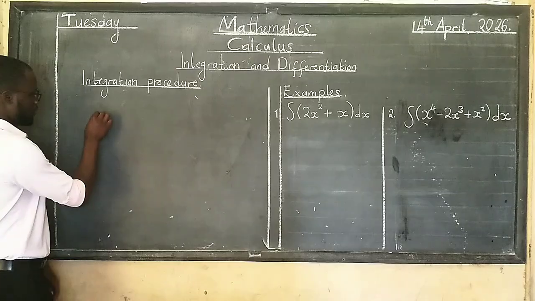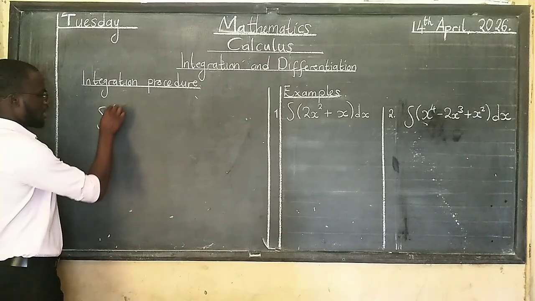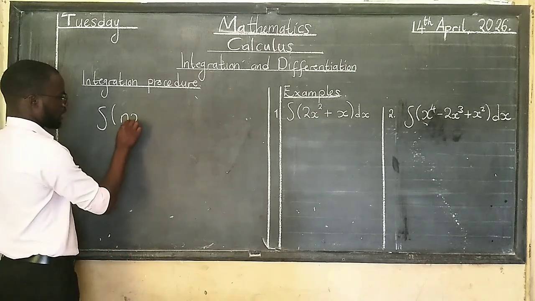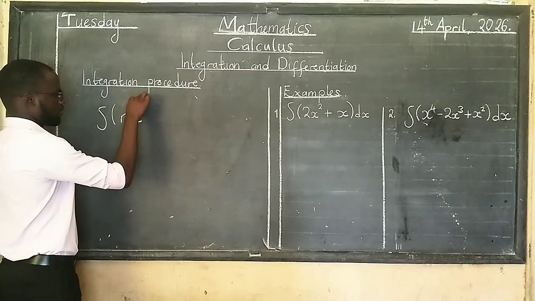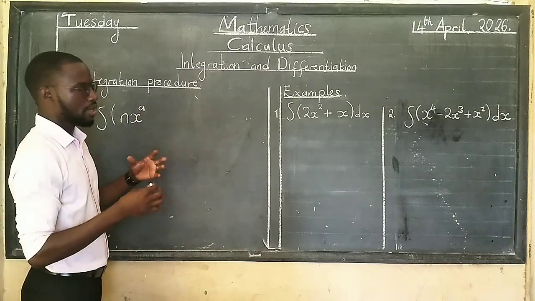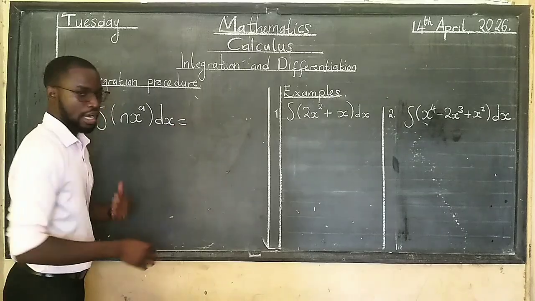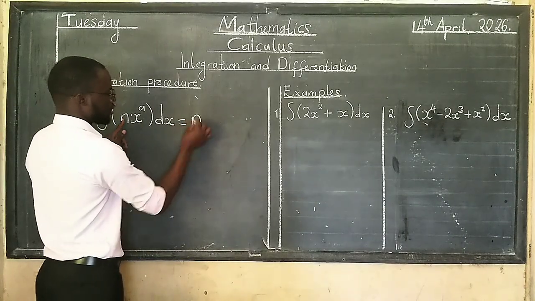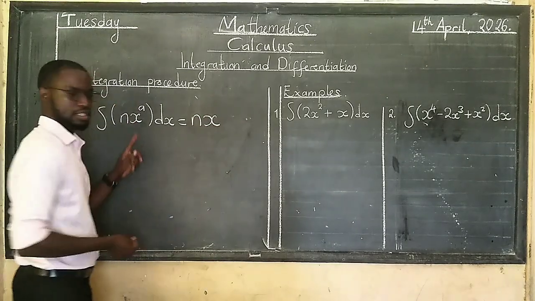If you have the integral symbol like this, and then you have n representing a number, any number, x representing a variable, and then up here you have a representing a power, like that, dx. For us to be able to integrate, the n comes as it is, then the x comes exactly as it is.